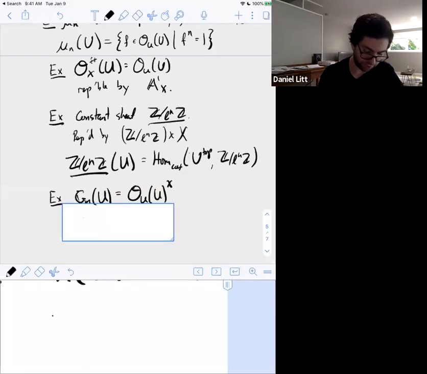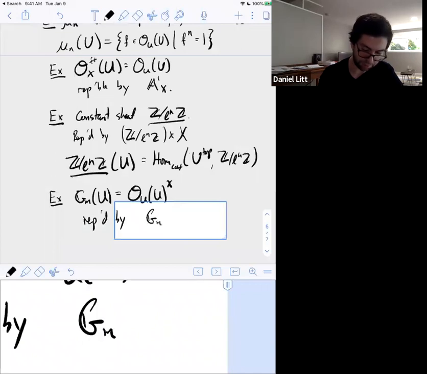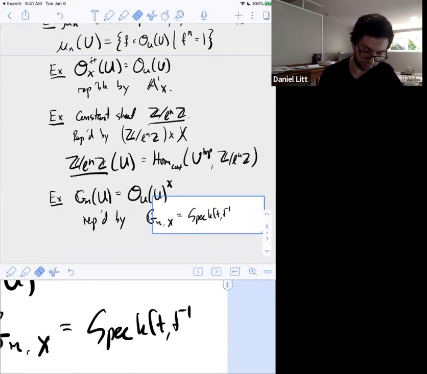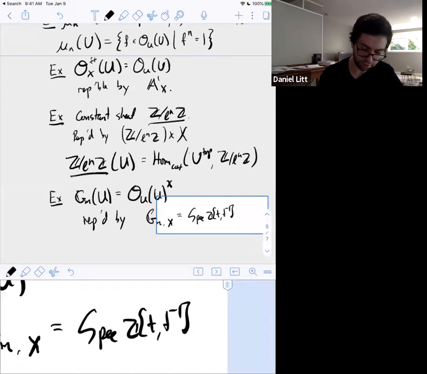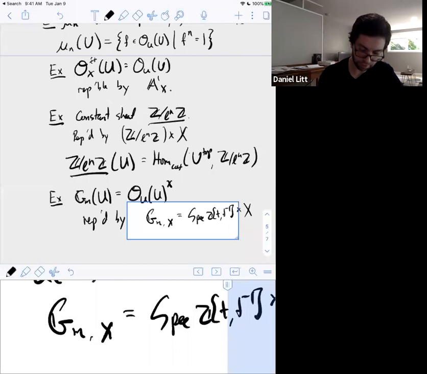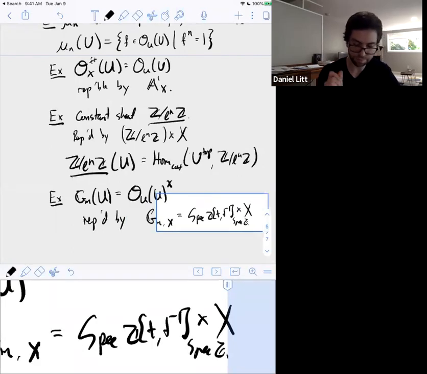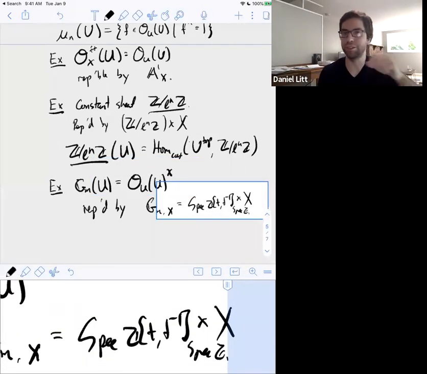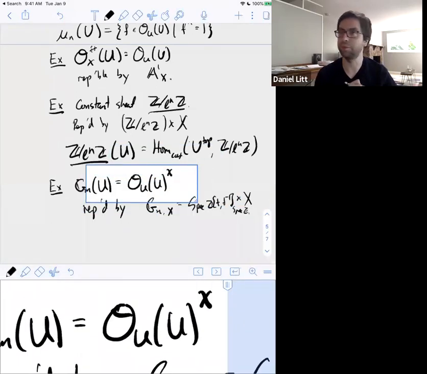This is represented by what people call the scheme G_m base changed to X. If we're over a field, it's Spec k[t, t^-1], or the general answer is Spec Z[t, t^-1] times X. Why does this represent this functor? Well, when you have a map into this thing, t has to go to an invertible function, and that gives you this isomorphism.